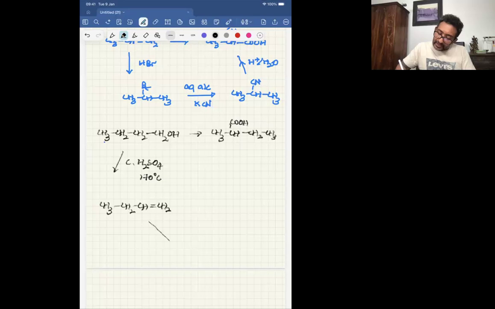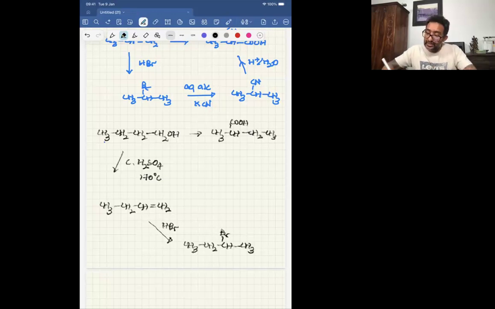Now add the HBr without any peroxides. So you get CH3, CH2, CH, Br here, CH3. Now once you have the Br there, you can turn this into COOH. Aqueous alcoholic KCN. What do you get?